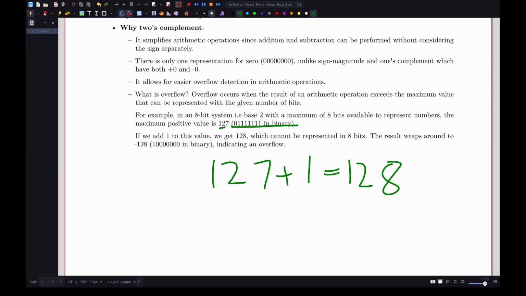But if you see here, you can try adding 1. This will become 0, 1, 0, and so on. And everything will become 0, and it will just get the 1 at the very leading bit, which is minus 128, and not positive 128, which is the actual answer. So what we're seeing here is an overflow.